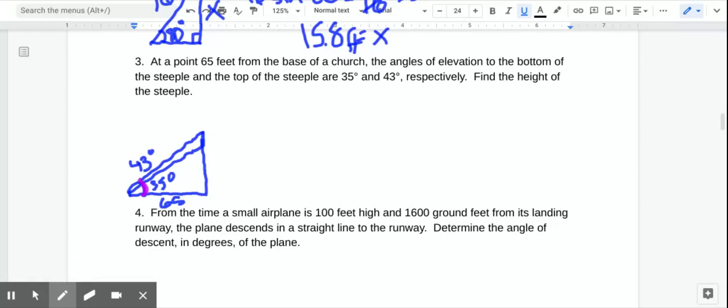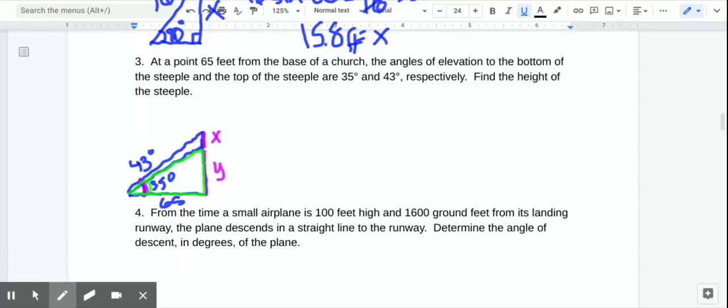And we want to find the height of the steeple. I'm going to call that x. Well, let's call this part y. That's going to be the height of the church. So I think we saw a similar problem to this maybe in the early part of this chapter. So first, let's look at this slightly smaller triangle.